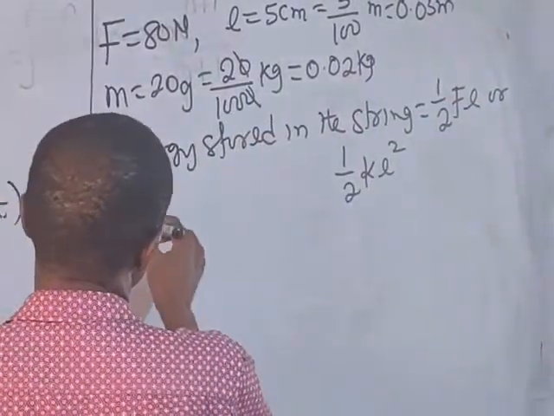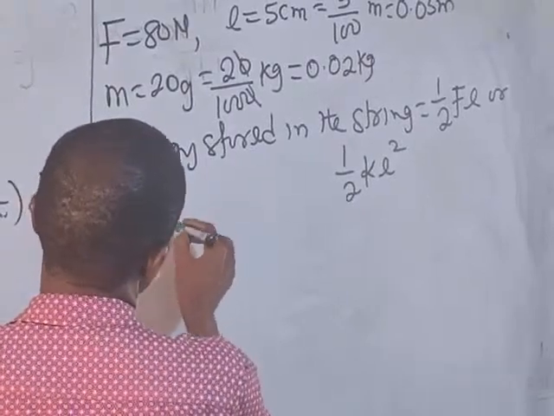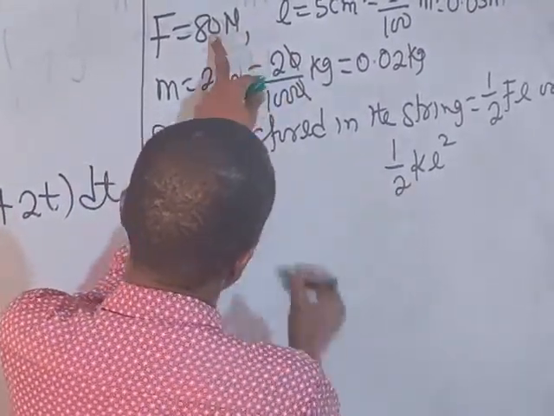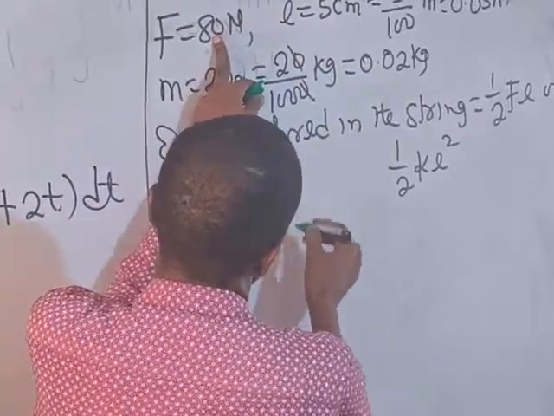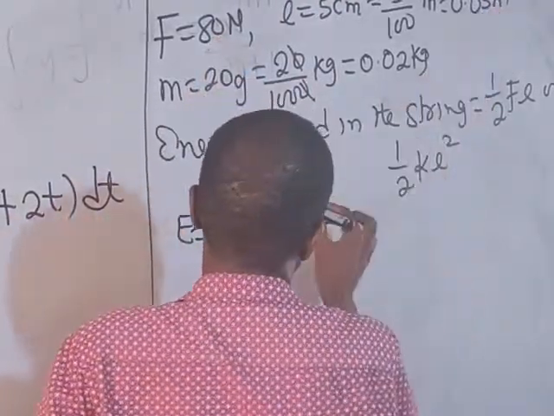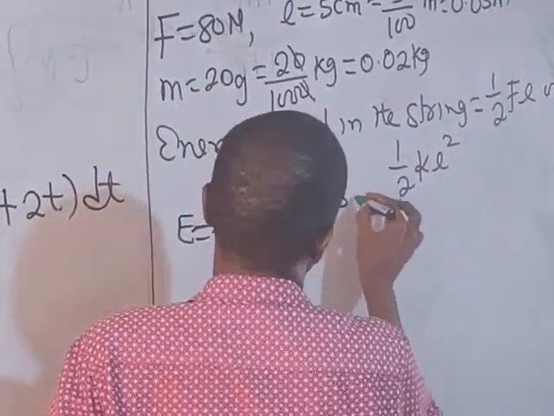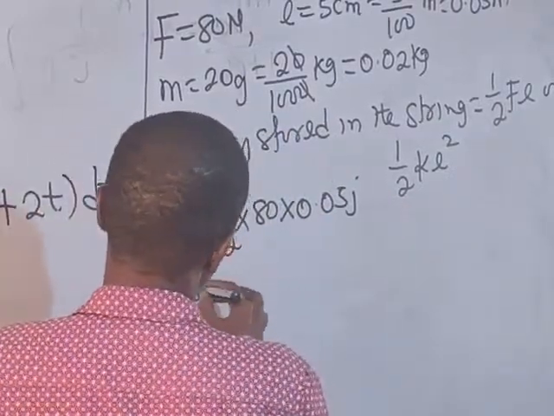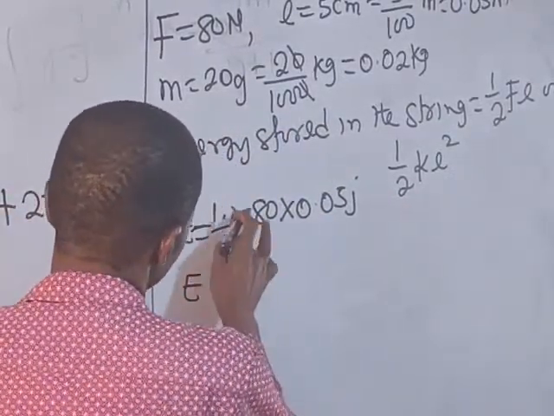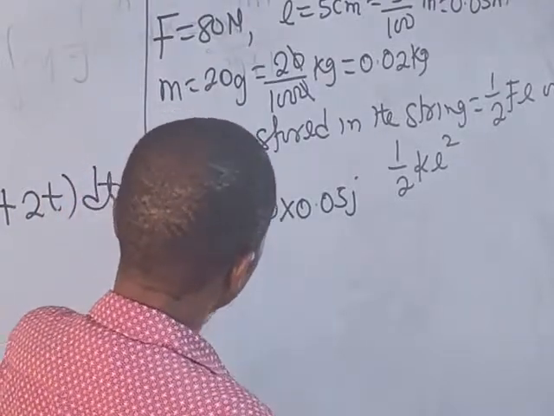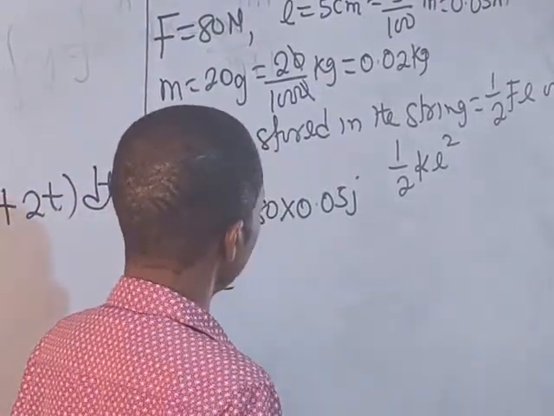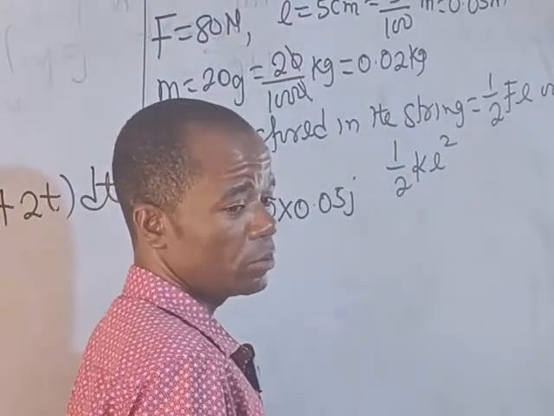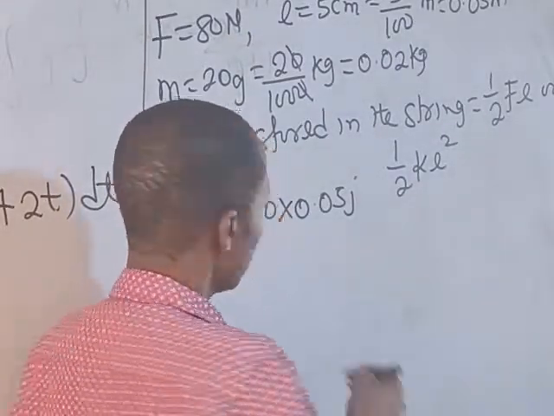So if you calculate the energy stored, E is 1 over 2 times F, that's 80, times e, that is 0.05, everything in joules. 1 over 2 times 80 times 0.05. What does it give us if you multiply them together? 4 joules, right?